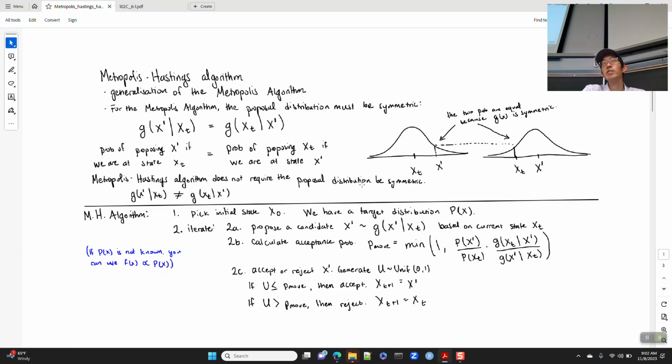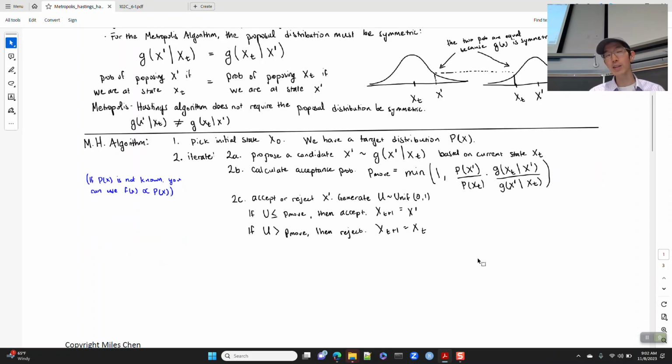It's just saying, take into account the fact that your proposal distribution is not symmetric. As long as you take that into account in your calculations for your p move, then it'll work, okay? So the Metropolis-Hastings algorithm is basically the exact same thing as the Metropolis algorithm. It's just when you do your p move, you take into account the difference in the proposal probabilities, okay?